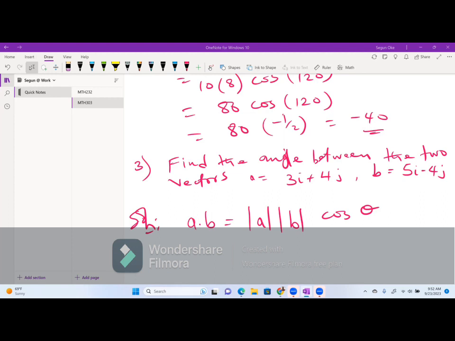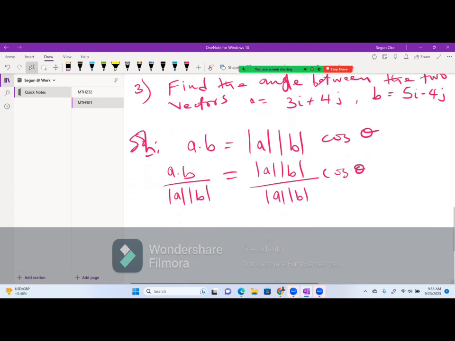So I'm going to have A dot B divided by |A||B| equals |A||B| over |A||B| cos theta. You agree with me, this will cancel this. So I will have cos theta equals A dot B over |A||B|.